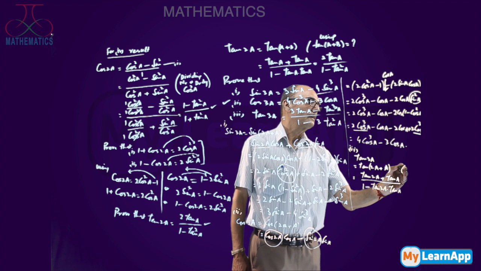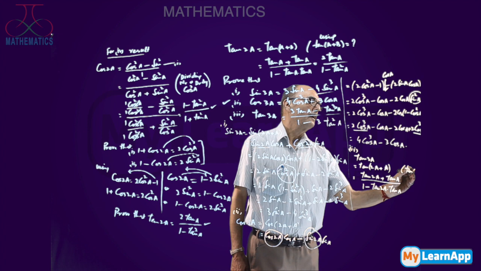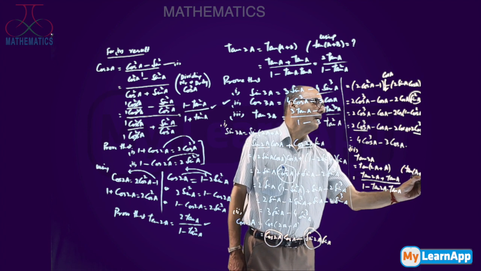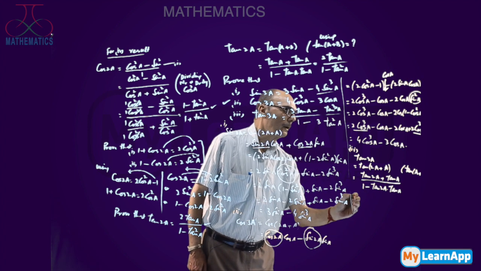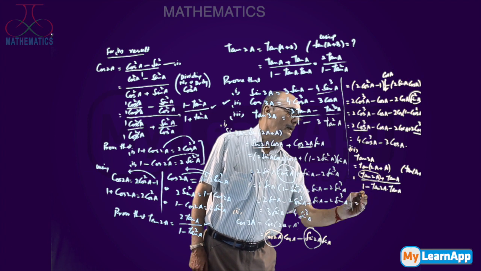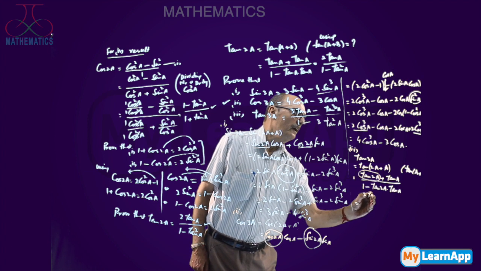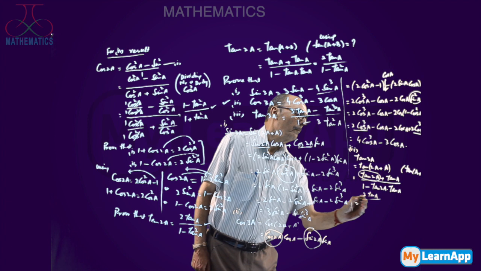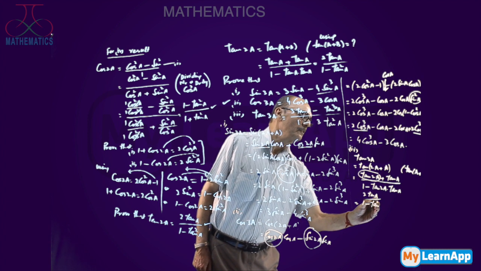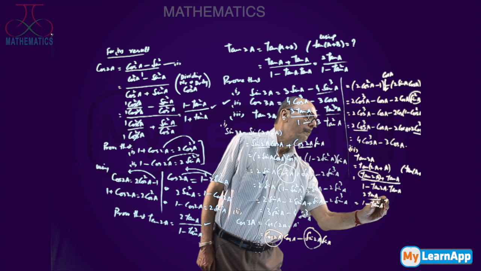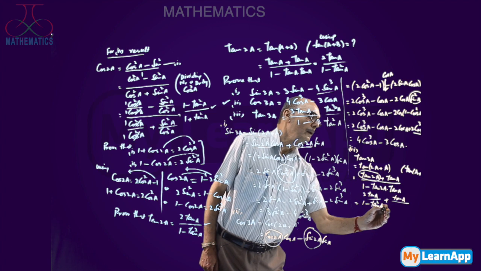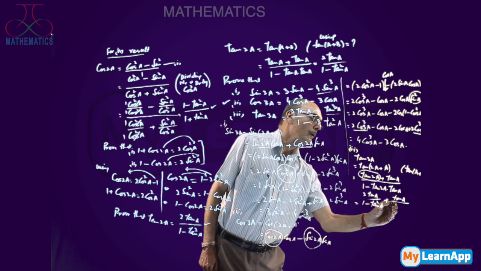I have made use of the result tan of A plus B. For tan of 2A, we have a formula 2 tan A upon 1 minus tan square A, plus tan A upon 1, of course.